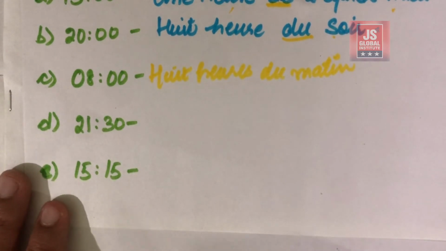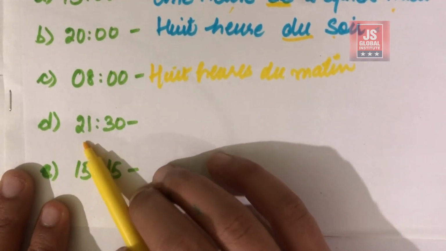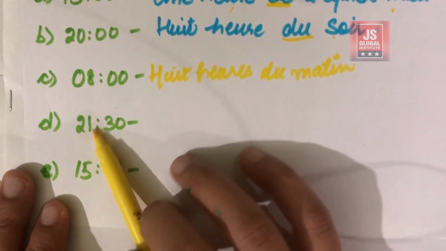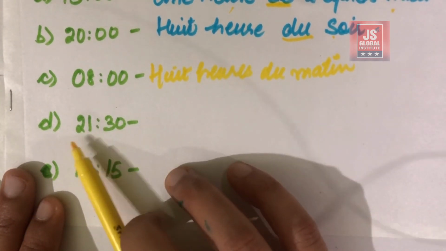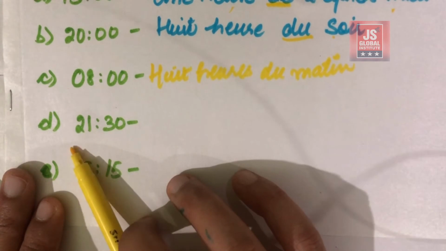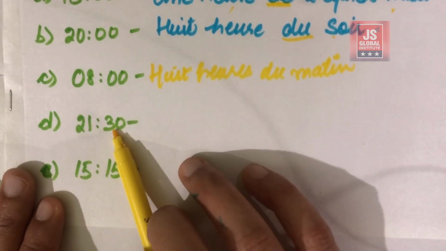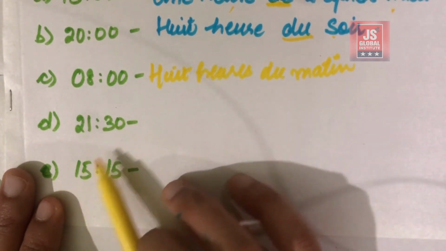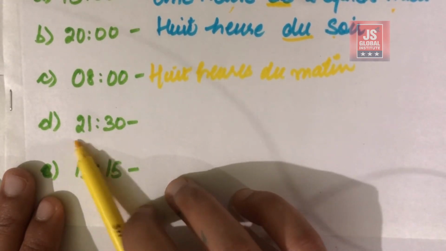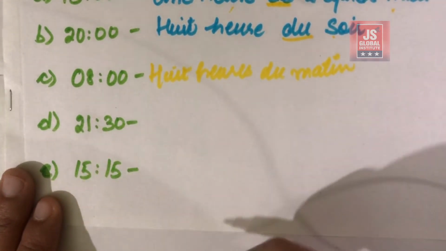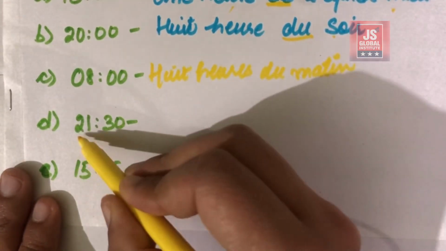Alright, and the next one is vingt et un heures trente. So this 21 means that it is above 12. Alright, and from noon to 18, that is to 6 p.m., this slot is for l'après-midi, and after 18 to midnight, this slot belongs to evening. Okay, so this is what?